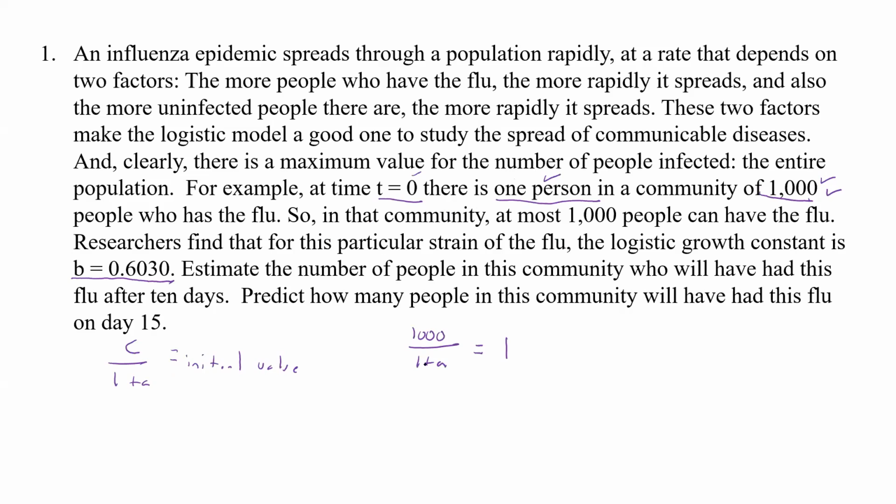Now we just multiply by 1 plus A on both sides, and we get 1,000 equals 1 plus A, because what we want to do is get rid of it. And 1 times anything is just itself. Now to solve for A, we just subtract 1 and we get A is equal to 999. So that's our A.